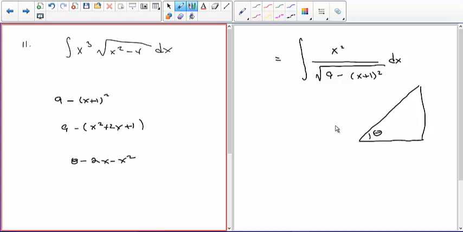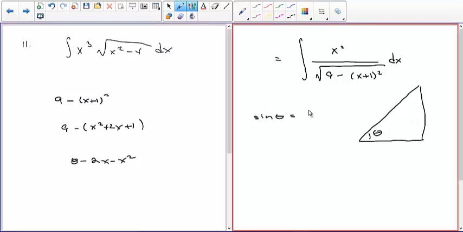So just like in the previous problem, where the argument, the part that was involving the variable, we took the square root of that to figure out what we needed to use to construct our triangle. In this case, the same thing's true. So instead of x being the length of one of the sides of the triangle, x plus 1 is going to be one of the sides of the triangle. And because it's 9 minus, we're going to use the sine such that the third side ends up being this value. So we're going to say that the sine of theta is equal to x plus 1 over 3.